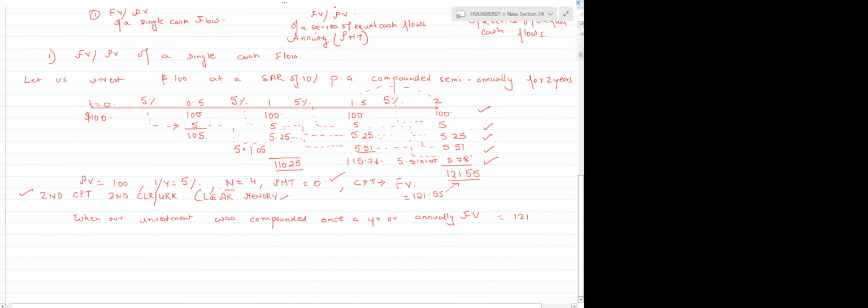But when our investment was compounded twice a year, or semi-annually, FV equals 121.55. So guys, why do I get this extra 55 cents?